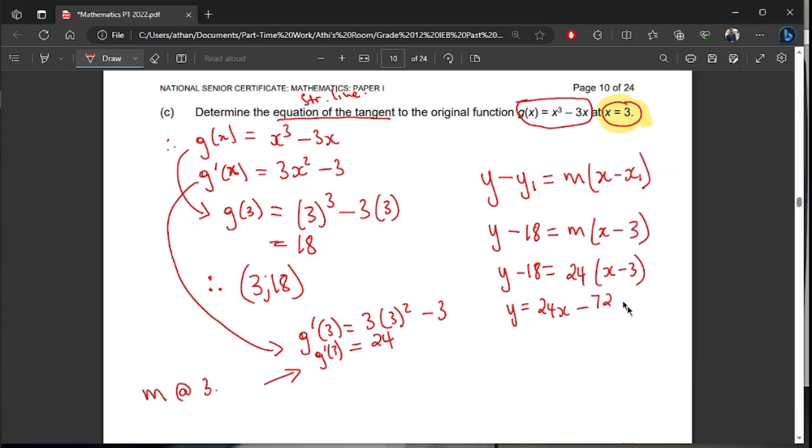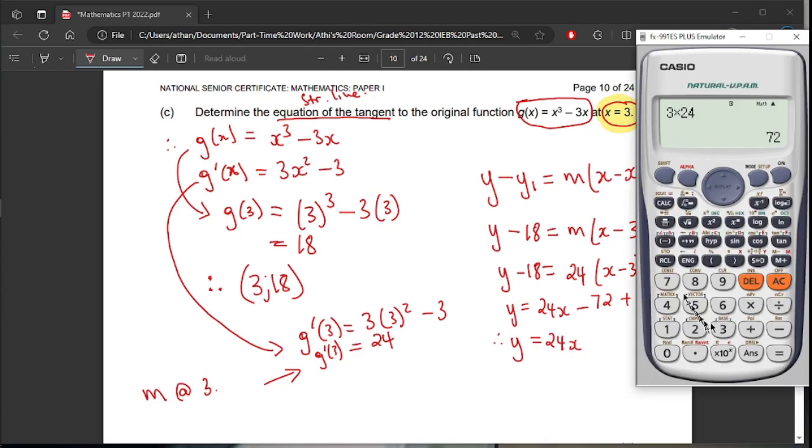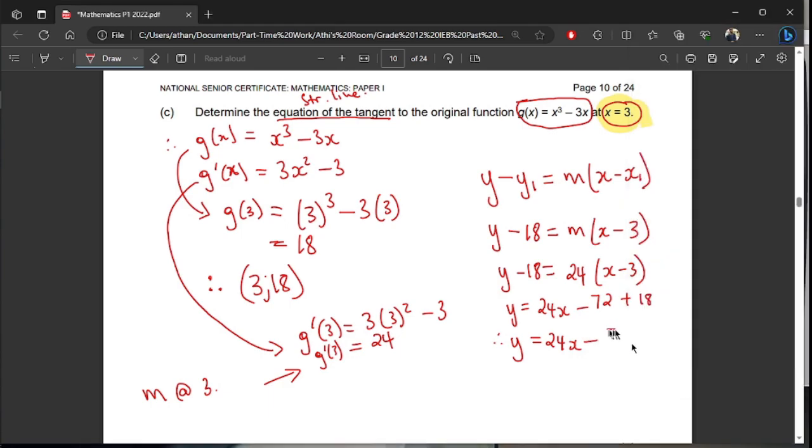So it's minus 72 plus 18. Therefore, y is equal to 24x and then negative 72 plus 18 gives you minus 54. So I say minus 54 there. That is my equation of the tangent at x is equal to 3.